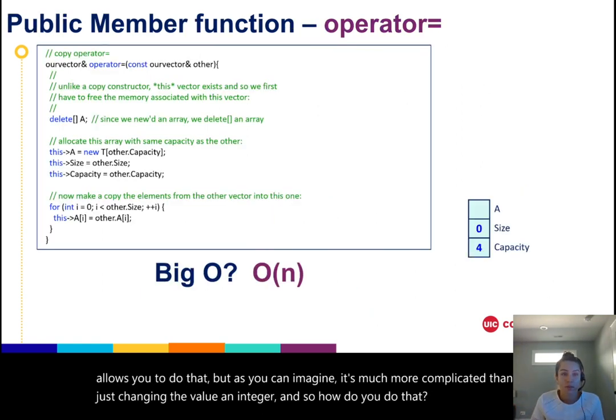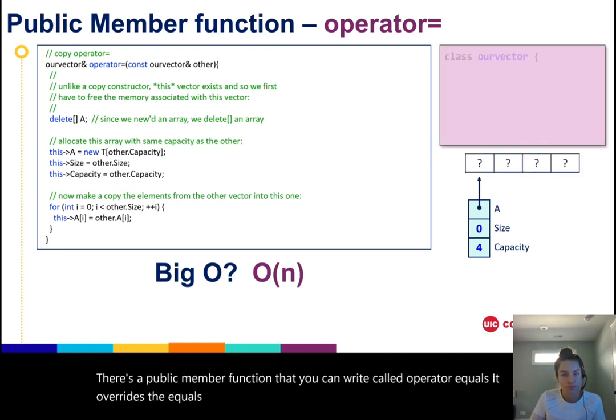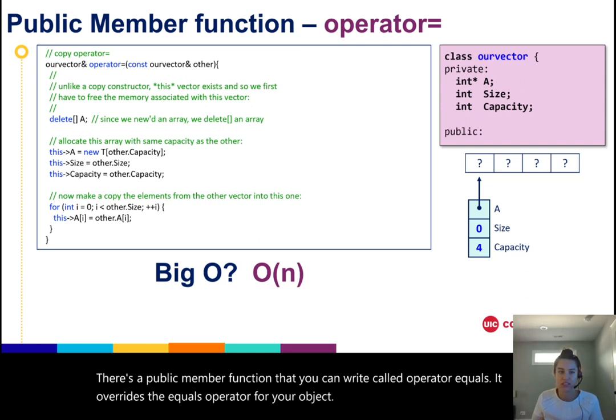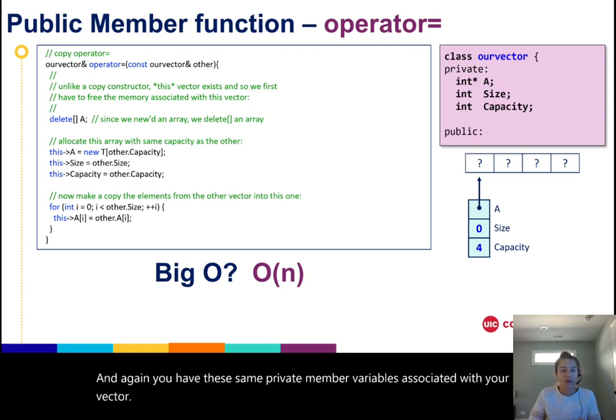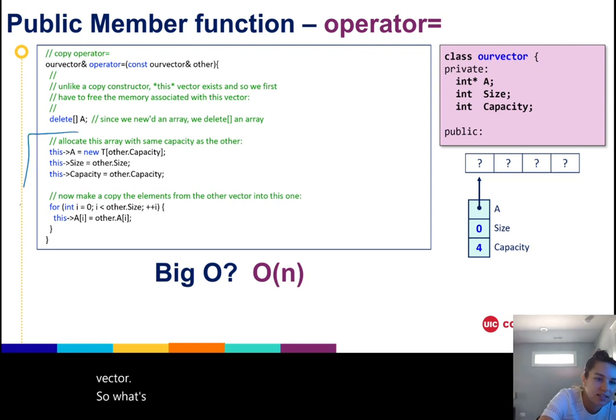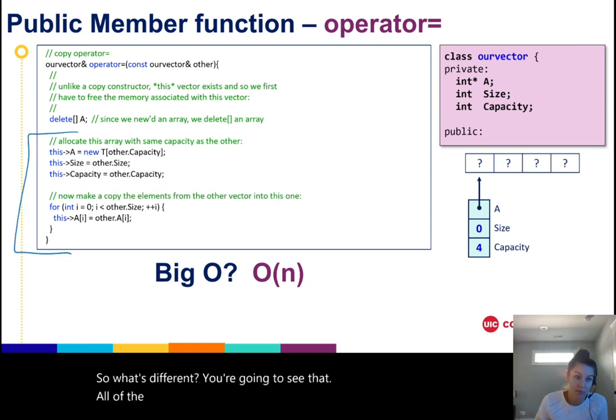So how do you do that? Well, there's a public member function that you can write called operator equals. It overrides the equals operator for your object. And again, you have these same private member variables associated with your vector. So what's different? You're going to see that all of the code looks very similar to the copy constructor.